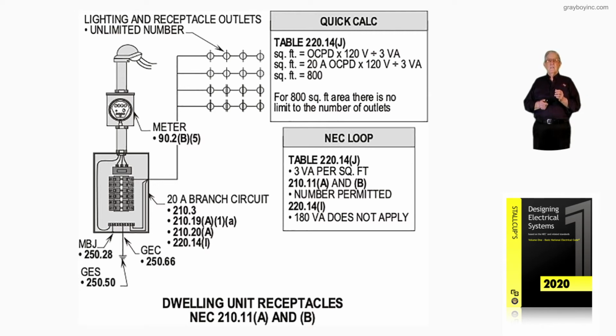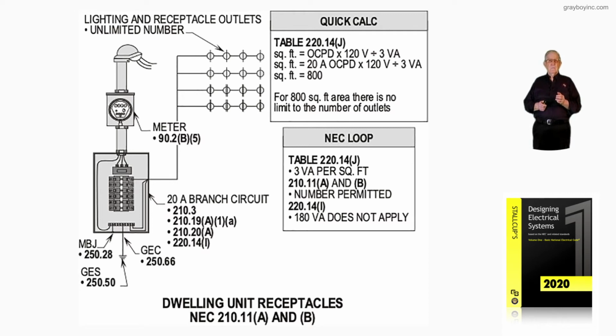Now, notice a 20 amp overcurrent device by 120 volts divided by 3 VA is 800 square foot. And we could have as many receptacles and luminaire lighting units on a circuit in that square footage area.